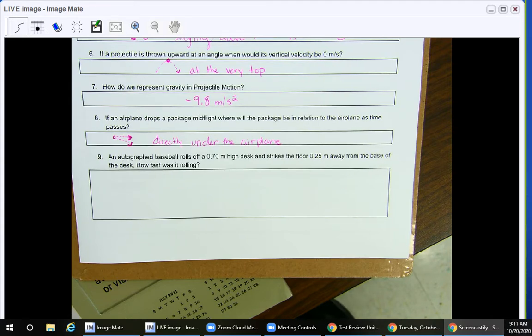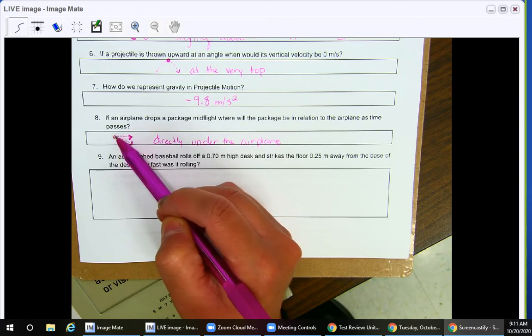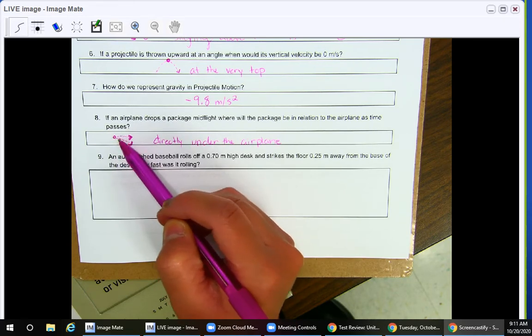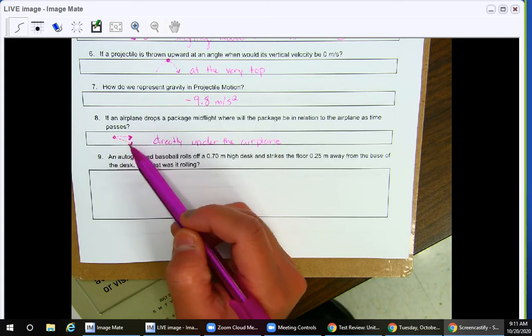You're traveling at the same speed the car is going. So if you're going 60 miles per hour in your car, your body is also going 60 miles per hour. That object in the plane is going just as fast as that plane. So when it's released outside, it still has that forward velocity until it slows down because of air resistance. But again, without air resistance, it's just going to keep going as fast as the airplane.